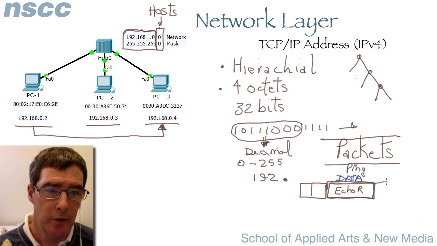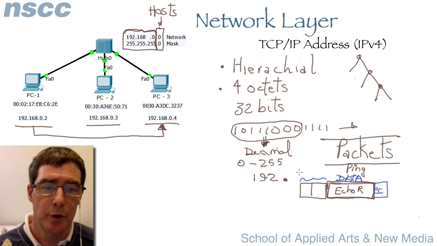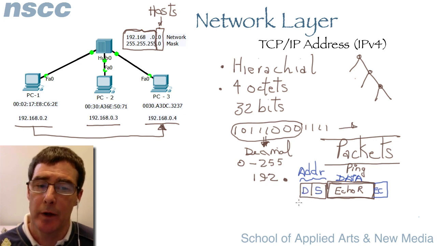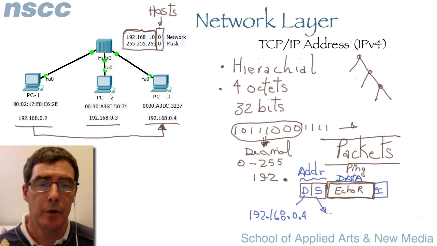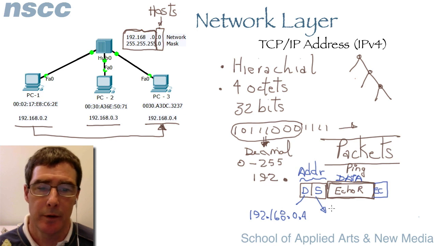And I'm going to encapsulate that with some error checking. And I'm also going to put in the front of it some addressing. And just like with the frames, we're going to put a destination and we're going to put a source, but this time an IP address. So this destination address is going to be 192.168.0.4, and the source will be 192.168.0.2.